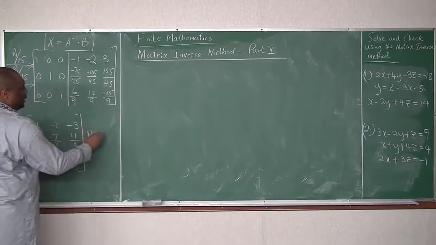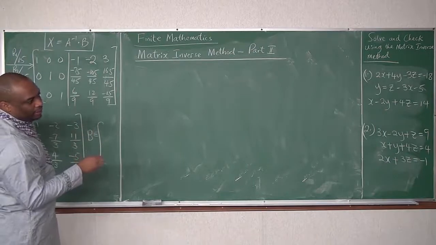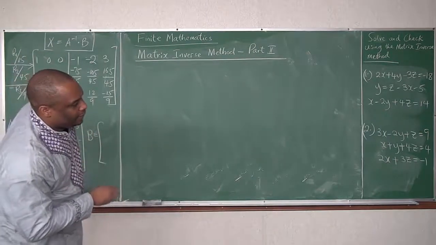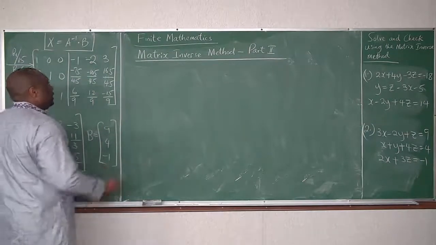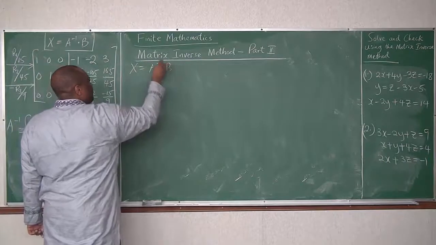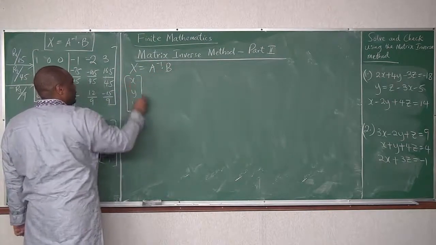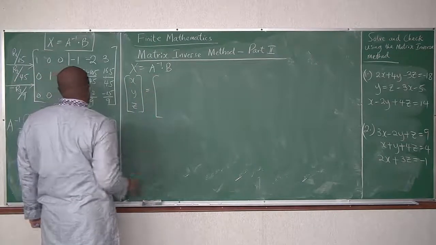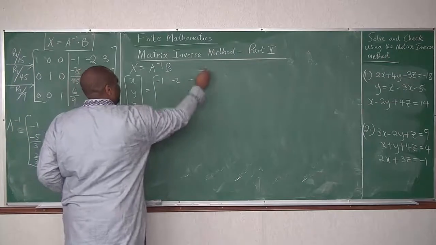Our B here is still 9, 4, negative 1. Now we have that our X is A inverse times B. So that means that our X, Y, Z will be A inverse, which is negative 1, negative 2, negative 3.